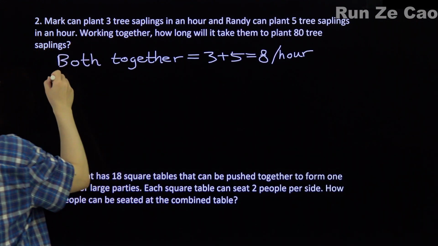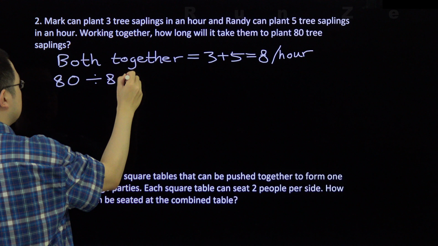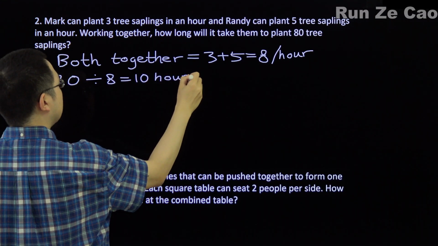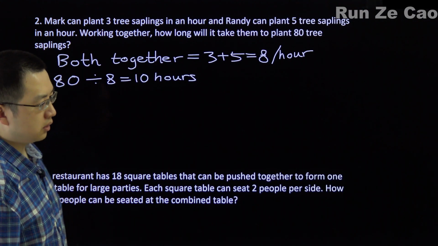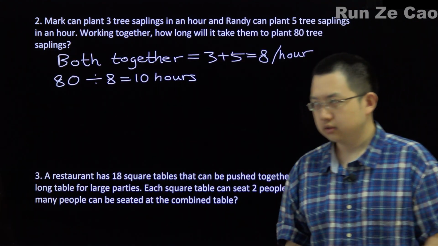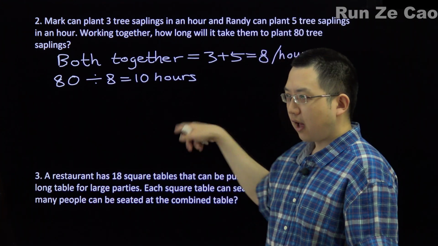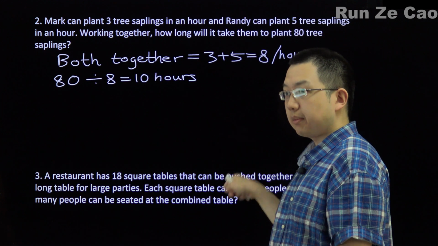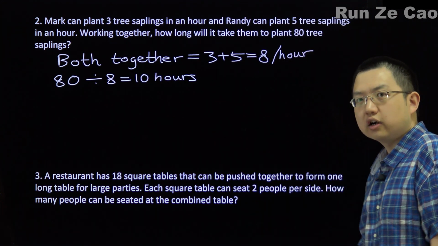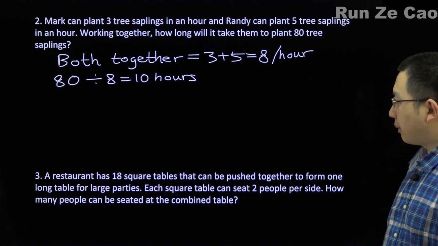Okay, so 80 saplings divided by 8 is equal to 10 hours. 80 saplings divided by 8 saplings per hour. The units work out because that's equal to multiplying by 1 hour over 8 saplings, and the saplings cancel each other out. Units are important business, particularly later when you're doing physics or chemistry.